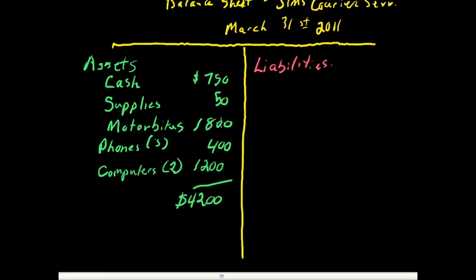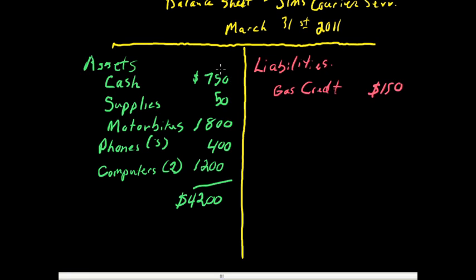For example, he has a line of credit at a local gas station where the motorbikes fuel up and where they get fuel for their deliveries, and he pays that once a month. That gas credit is $150.